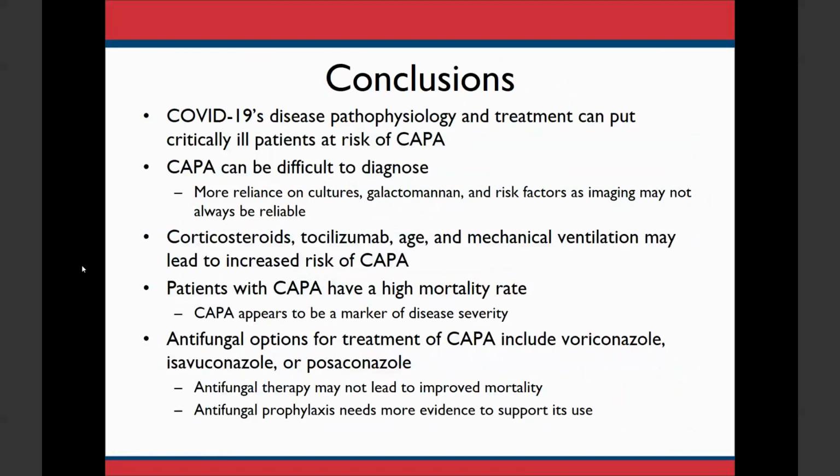So first, COVID-19's disease pathophysiology in general and the treatment options that we have for it can put critically ill patients at a higher risk of opportunistic infections like COVID-associated pulmonary aspergillosis. But this can be difficult to diagnose in these patients because of difficulties with imaging, having to rely more heavily on cultures and biomarkers like galactomannan, and risk factors may not be as easily identifiable or reliable as in typical invasive pulmonary aspergillosis.